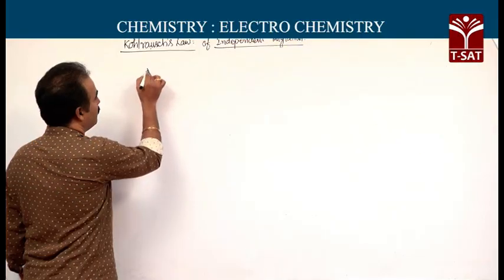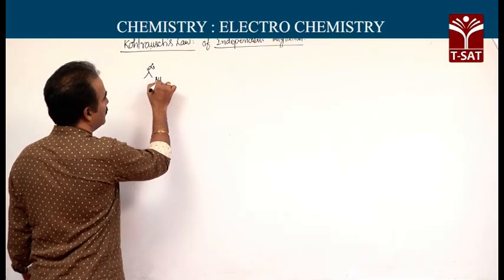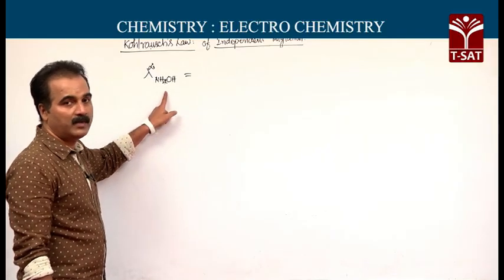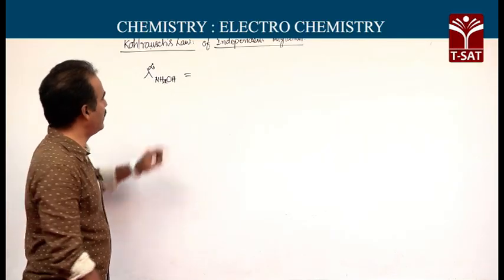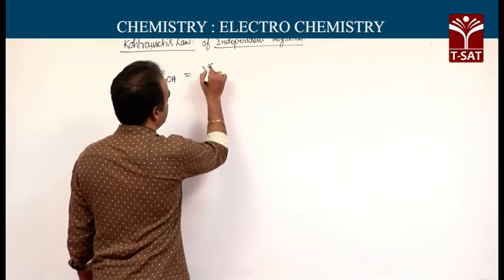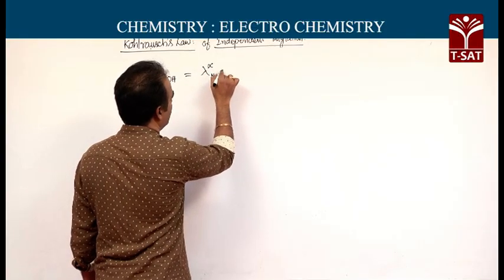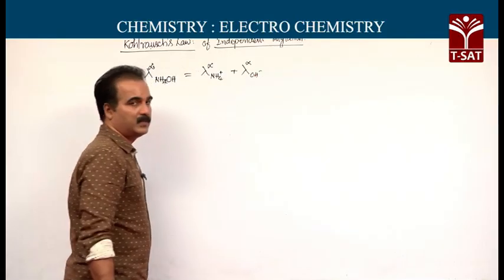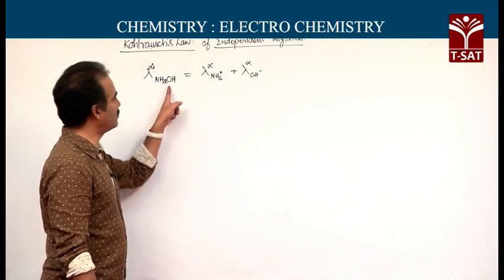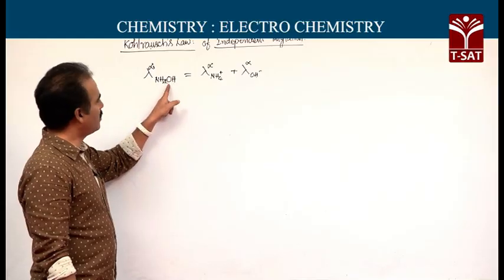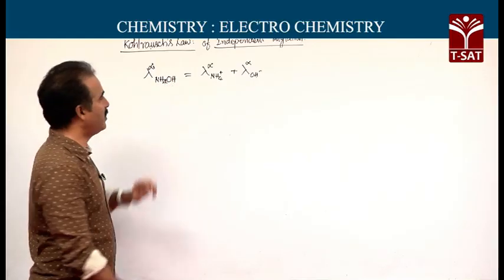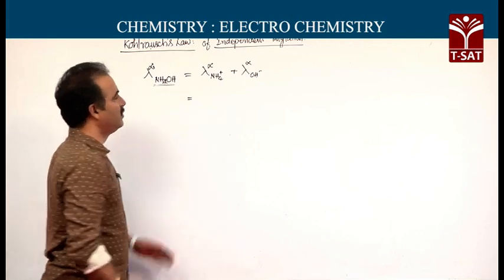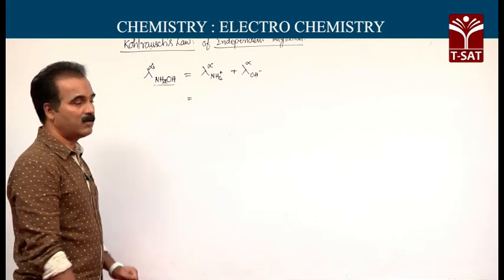Take lambda infinity of a weak electrolyte like ammonium hydroxide. I want to know what the lambda infinity of ammonium hydroxide is. It is a weak base. So, it is nothing but the contribution from ammonium ions as well as the contribution from OH minus ions. The sum of these two is the equivalent or molar conductance at infinite dilution of ammonium hydroxide. We will write this weak electrolyte in terms of 2 or 3 strong electrolytes.